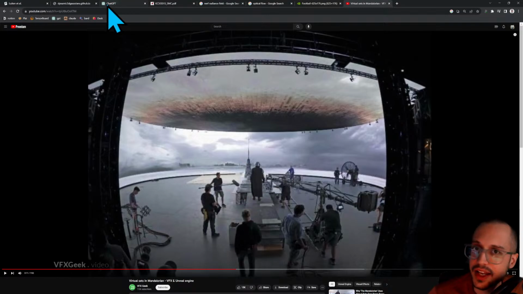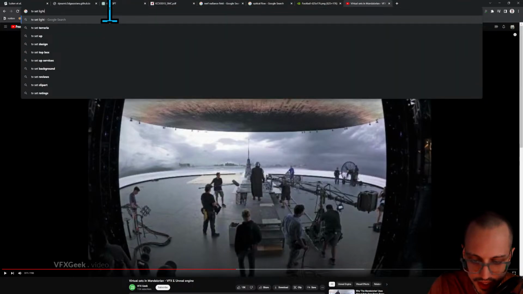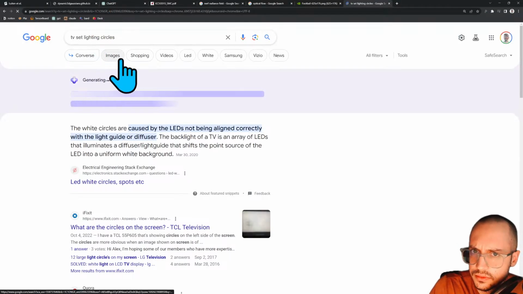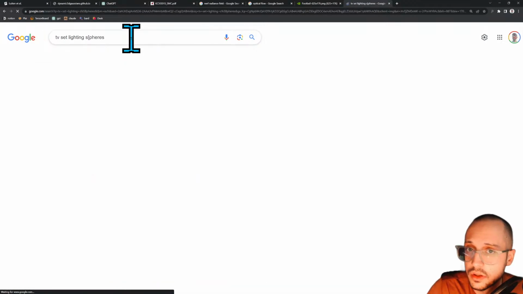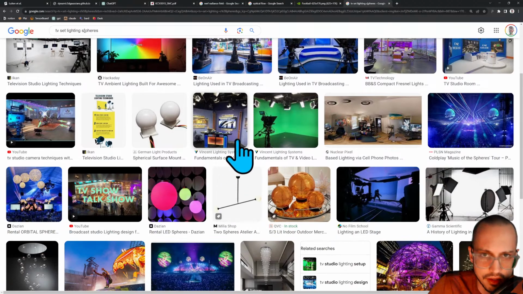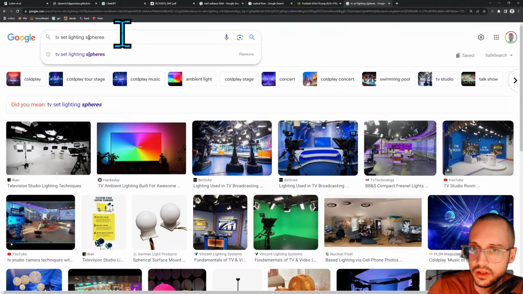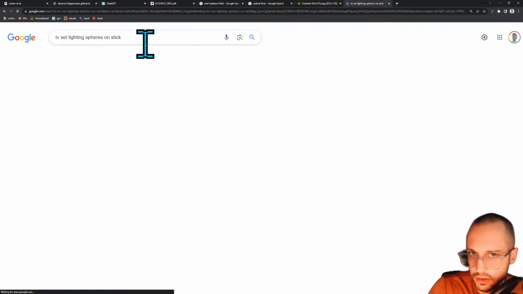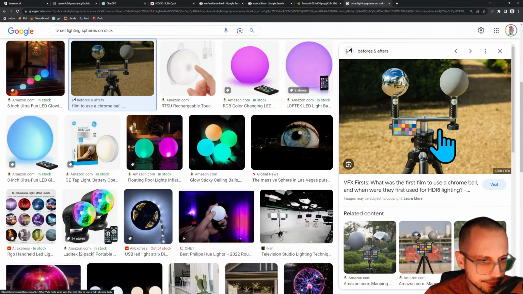So if you guys have ever seen these TV set lighting spheres, maybe one of you knows what this is actually called, on a stick. Yeah, these things. Here you go.